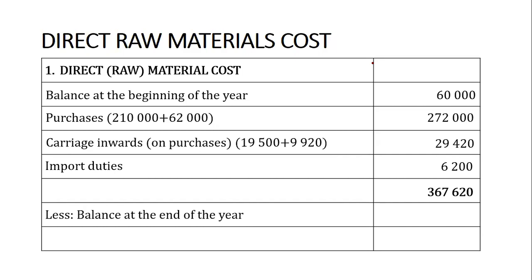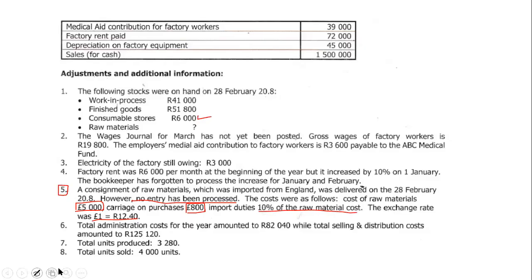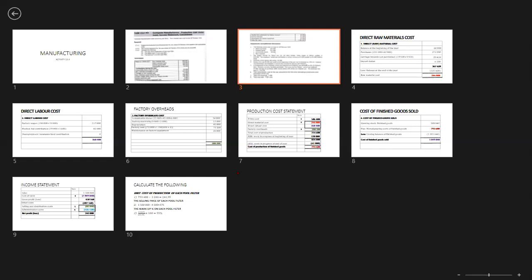When you look at the balances that are given, you will realize that with respect to raw materials, we have a question mark. That is because we don't have the closing value of our direct material. You need to check if there were any direct materials issued to production, and you did say that we do.